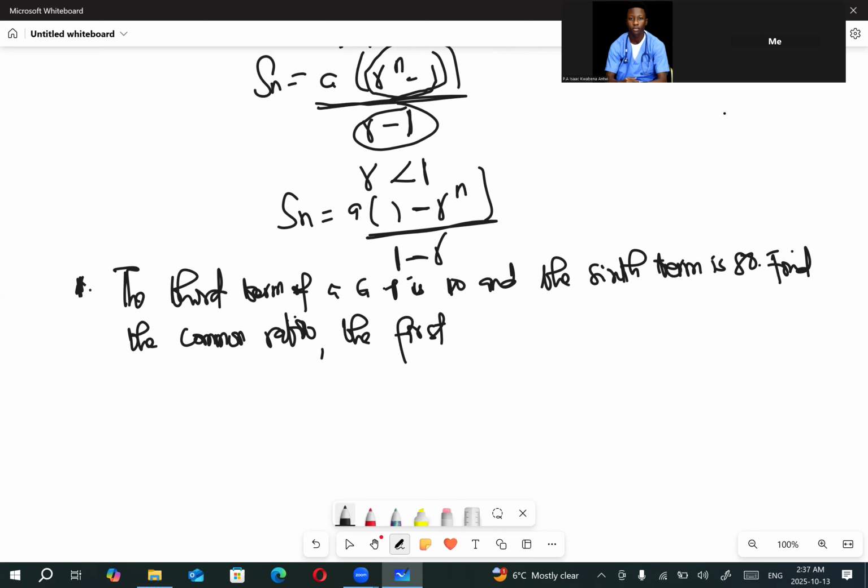Find the common ratio, the first term, and the sum of the first 6 terms.